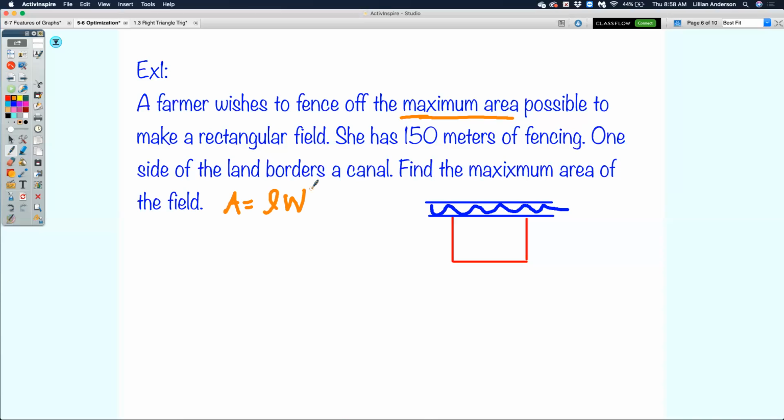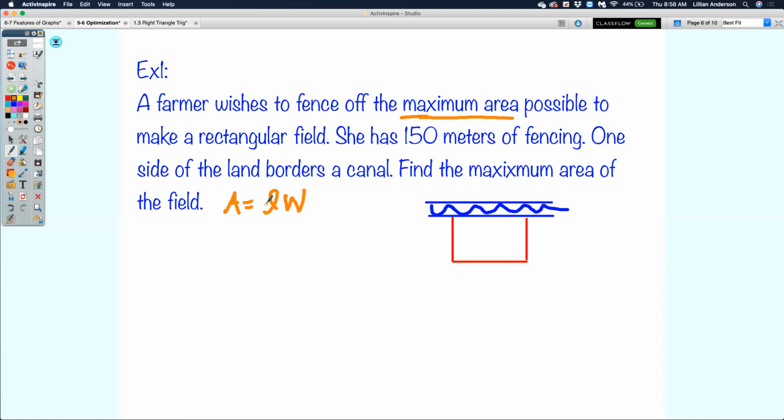Now, to be able to do this, remember, this is the same formula that we need to take the first derivative of in step 3. Right now, we have 3 different variables, and we can't have that. You never want to have 3 variables when you're trying to determine maximum area or minimum whatever.